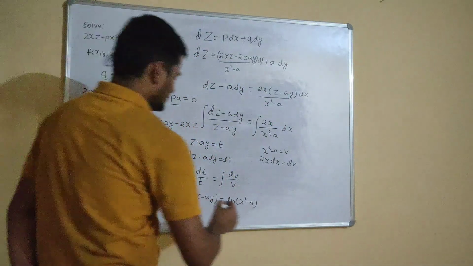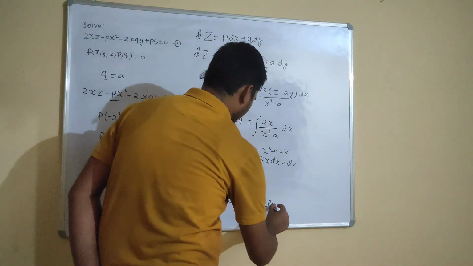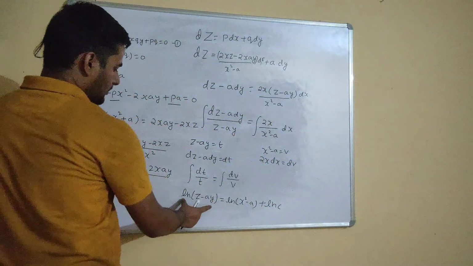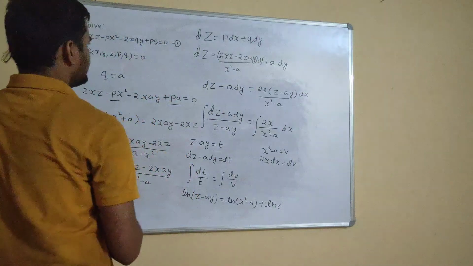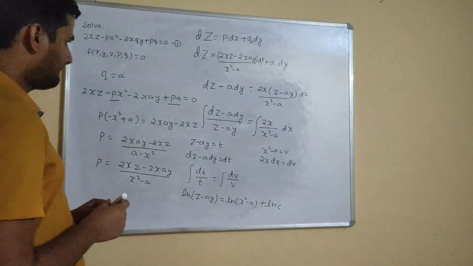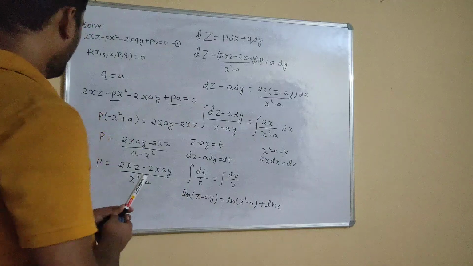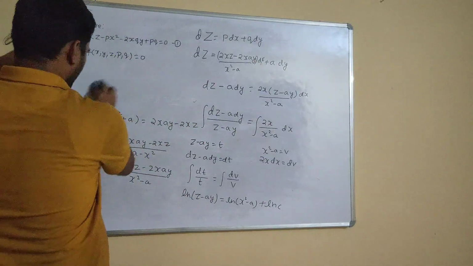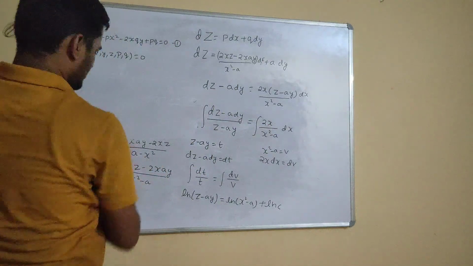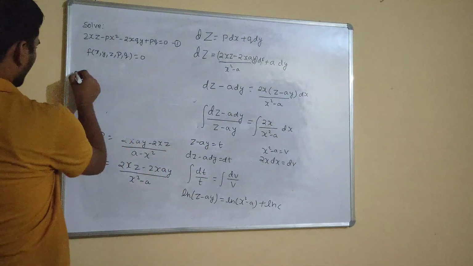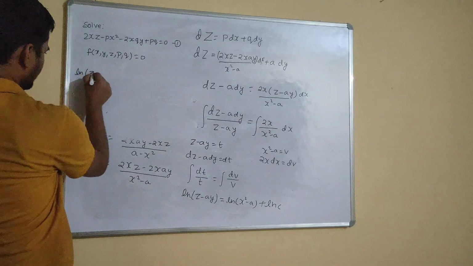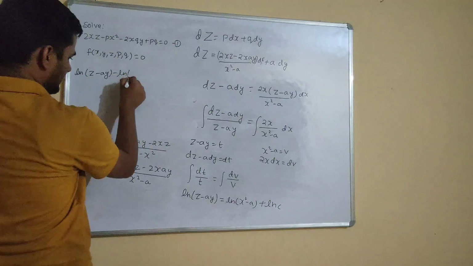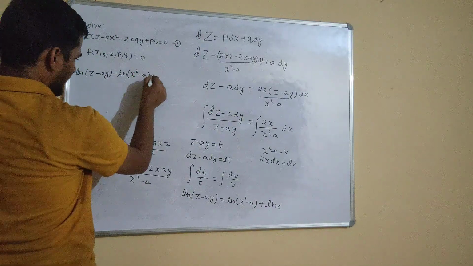And let's use another constant, let's say ln c. So I am using the property of log. I am shifting this term to the LHS. So here ln z minus ay minus ln x square minus a equals to ln c.